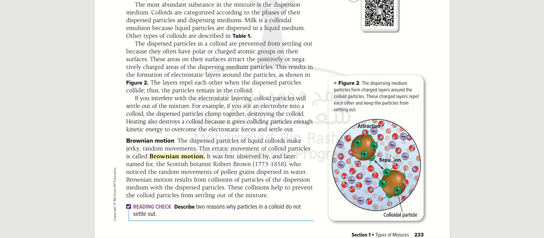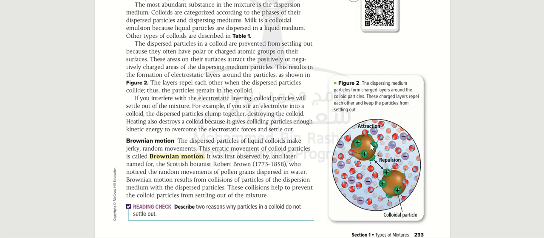By adding electrolyte to the colloid, by adding ionic substances, like how we make cheese, we put vinegar with the milk. Vinegar is of course highly ionic, it has ions, right? It is acidic. It destroys this electrostatic layer.